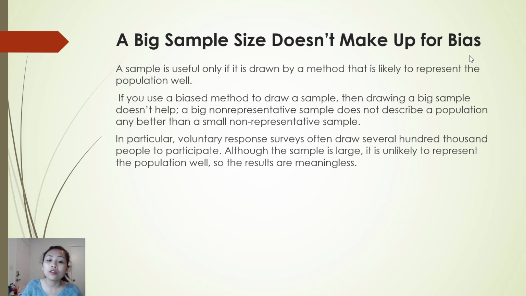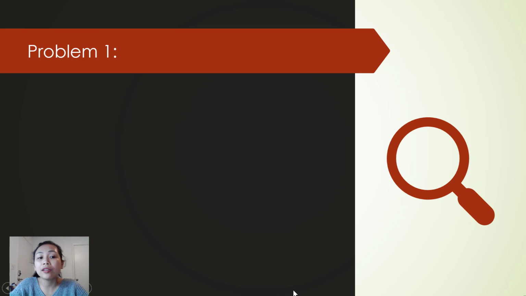In particular, voluntary free response surveys often draw several 100,000 people to participate. Although the sample is large, it is unlikely to represent the population well, so the results are meaningless. So that was about bias of studies.